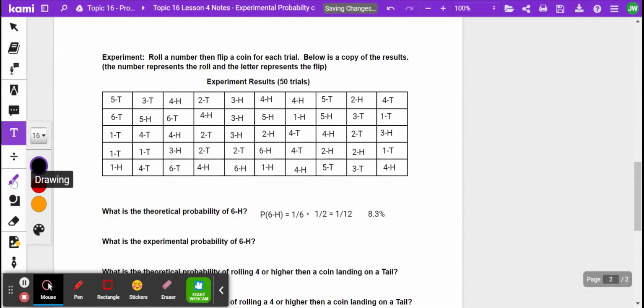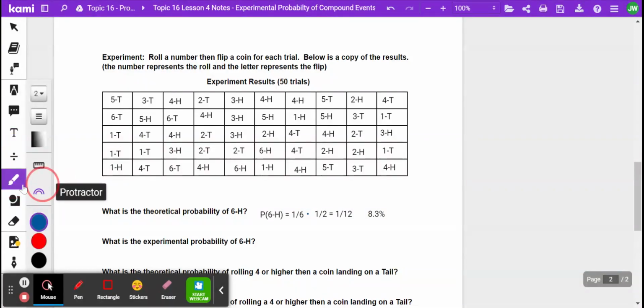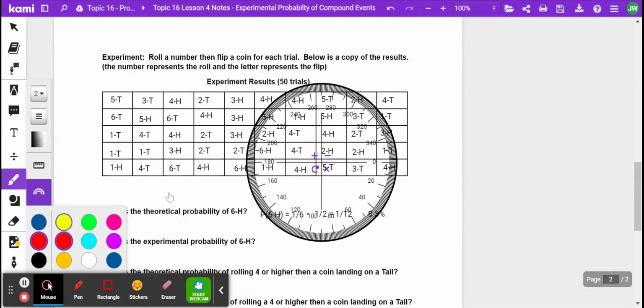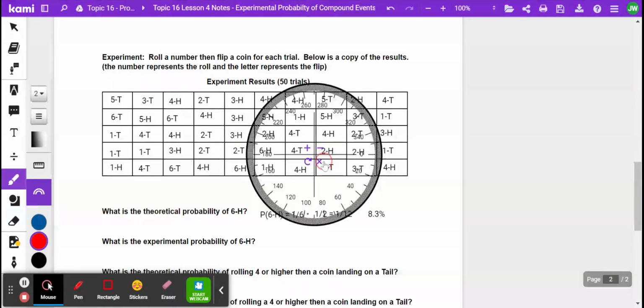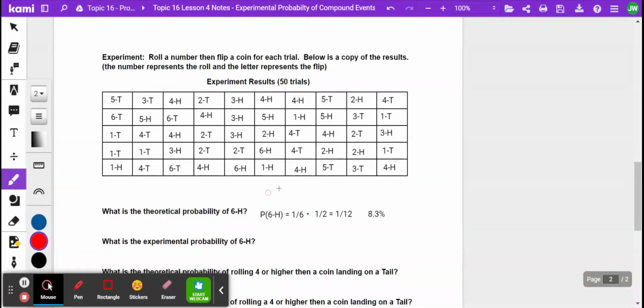To do that, I need to identify all of those, and I'm going to put a red dot by those. Okay, 6H.